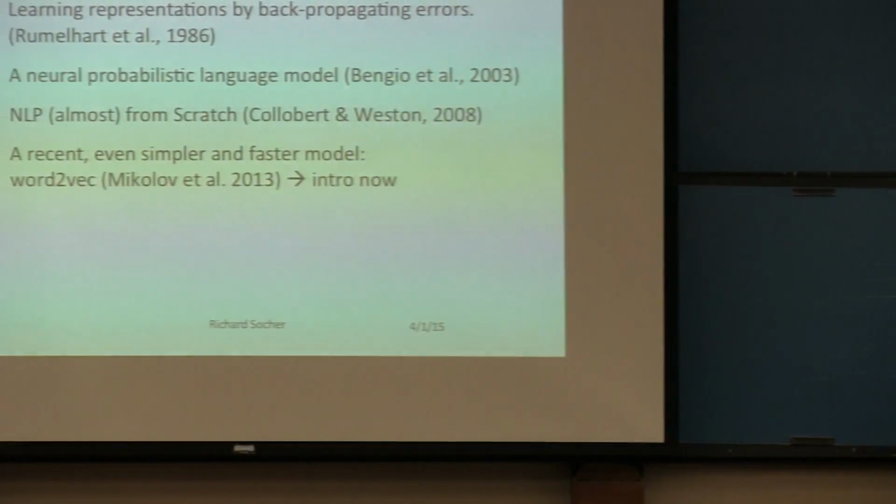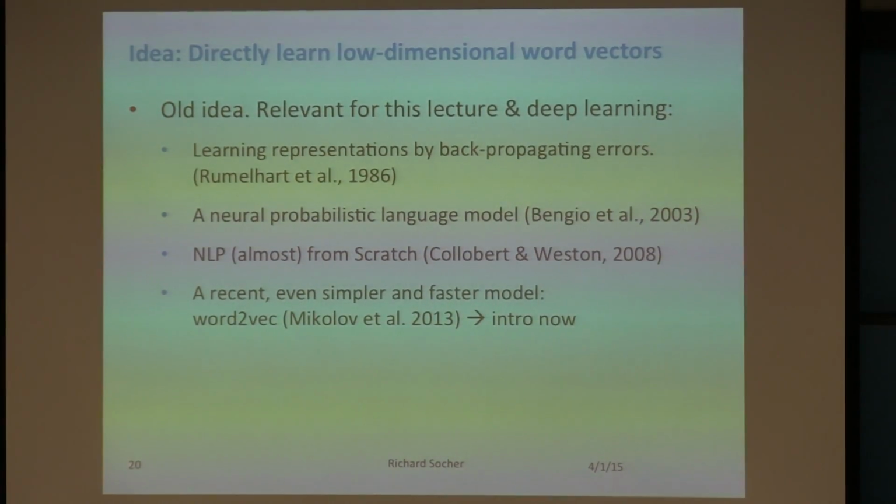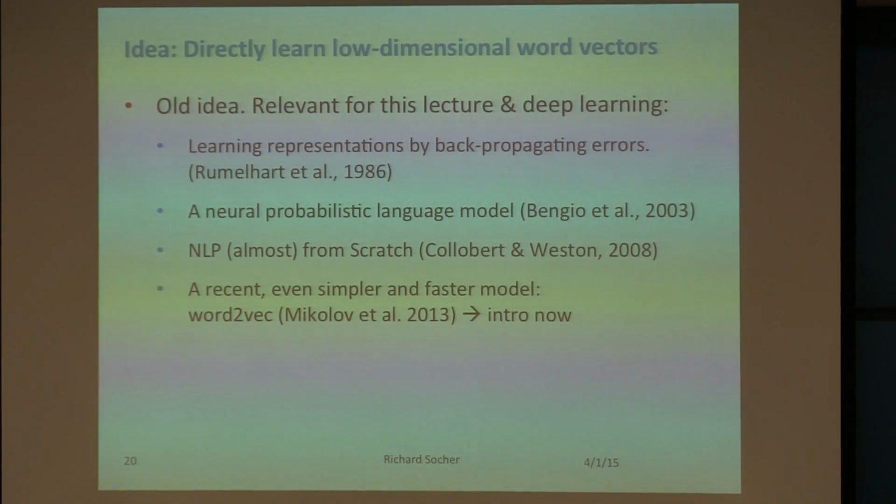They tried to solve a variety of different tasks, mostly of the simpler variety like part-of-speech tagging, named entity recognition, and things like that, but using the same model and showing that we can really learn these word vectors jointly with various tasks. And in fact, Jason Weston will also be a guest lecturer in the later parts of the class. He's done a lot of really cool work in this space.